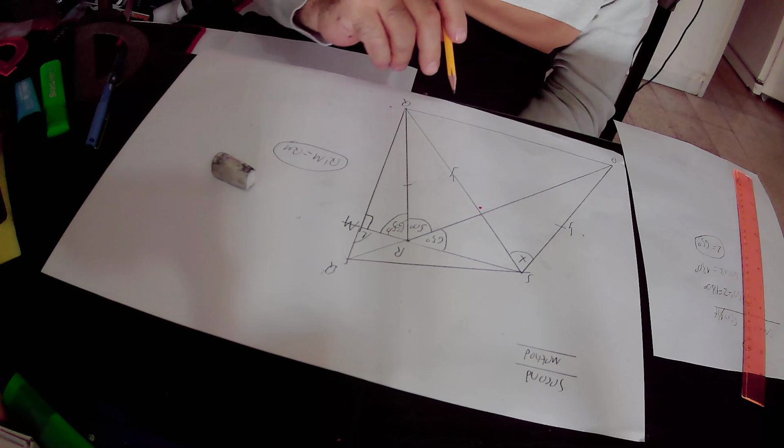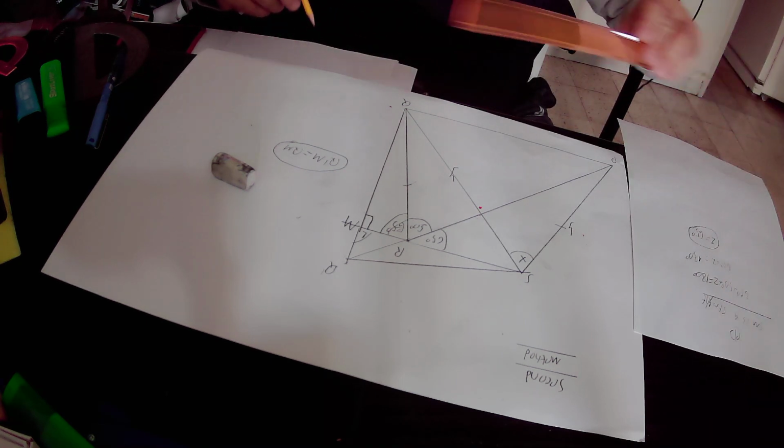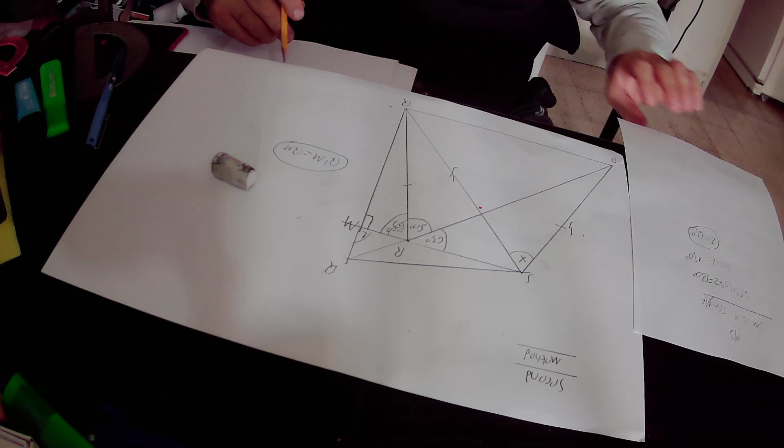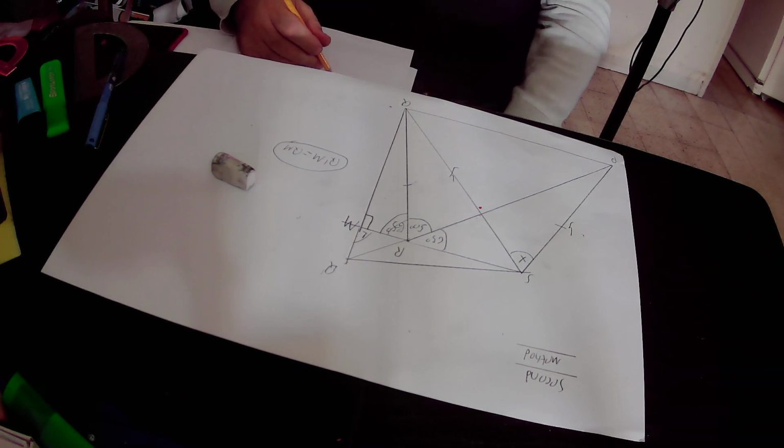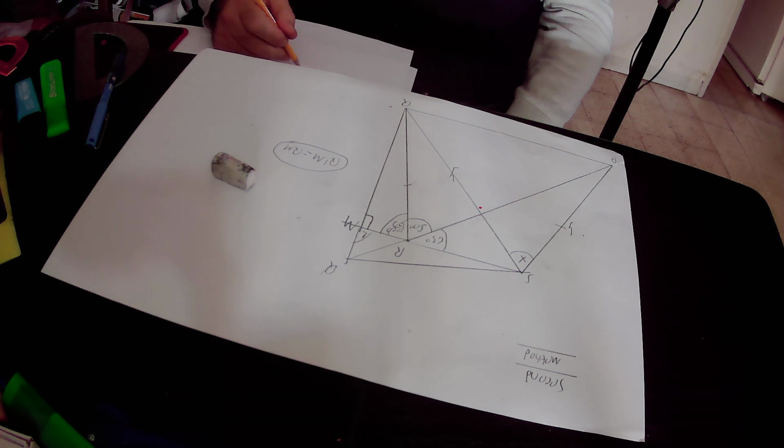We know that the sum of the angles along the straight line at any point equals 180 degrees.